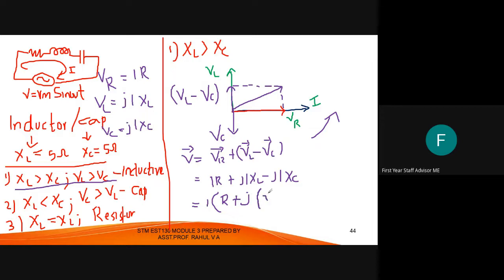Then I should write XL minus XC. Then we have two brackets. Okay, so I got an equation like this: I into something.